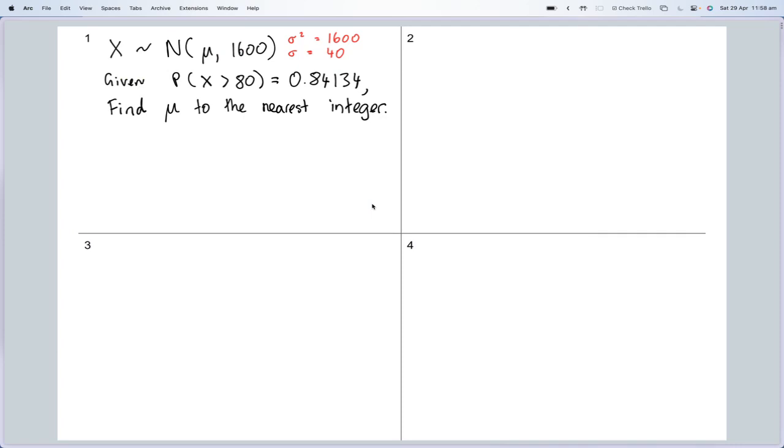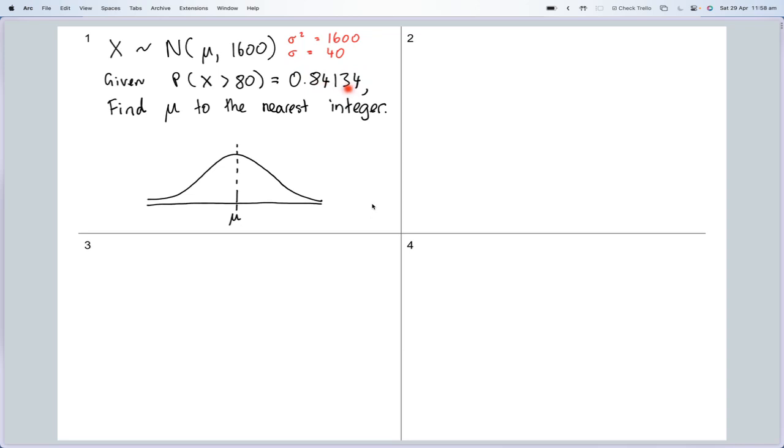So at the moment, this is what we've got. A normal distribution with a mean, mu, unknown, and a standard deviation of 40. So mu plus 40 is one standard deviation away, mu plus 80 is another, etc. We know that x greater than 80 gives us an area, and remember that the area under the curve is probability, of 0.84134.